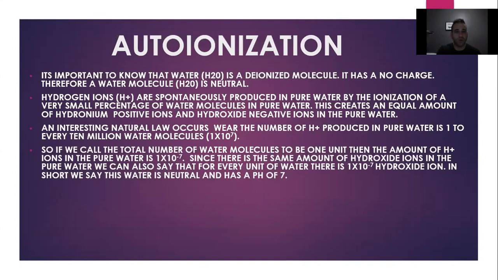If we call the total number of water molecules 1 unit, then the amount of hydrogen, or H+, ions in the pure water is 1 times 10 to the negative 7. Since there is the same amount of hydroxide ions in the pure water, we can also say that for every unit of water, there is 1 times 10 to the negative 7 hydroxide ions. In short, we say this water is neutral. It has a pH of 7.